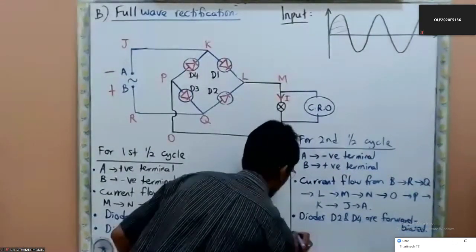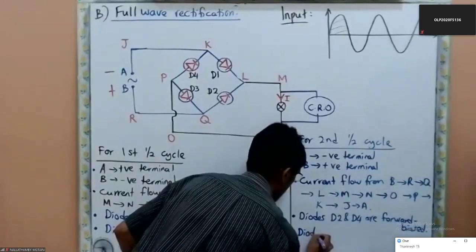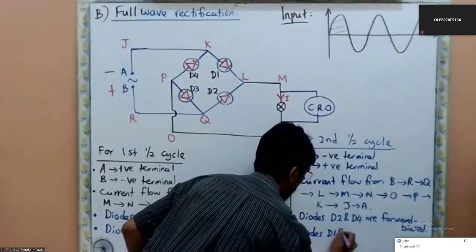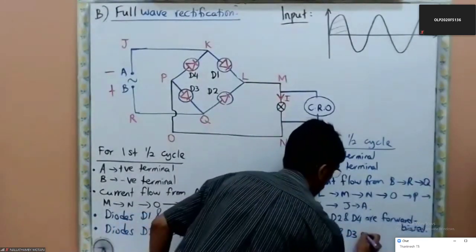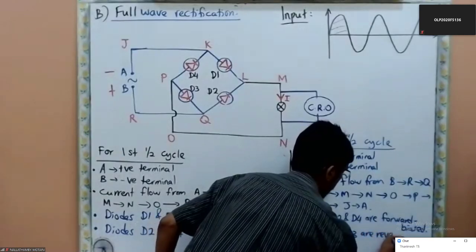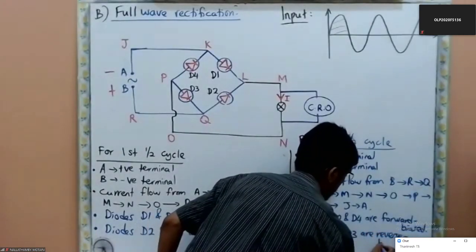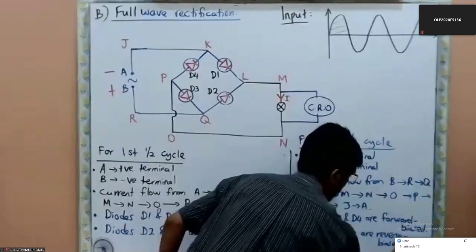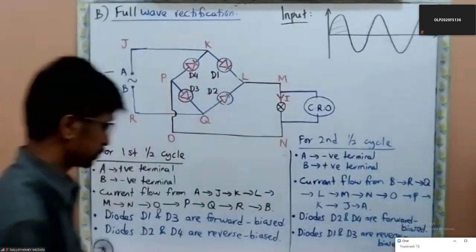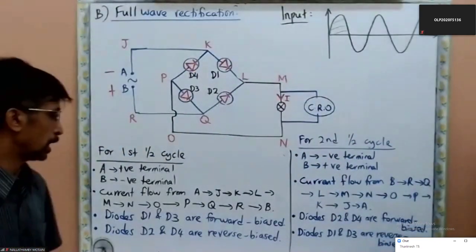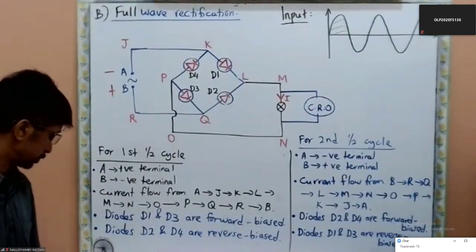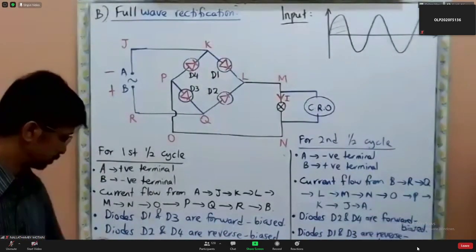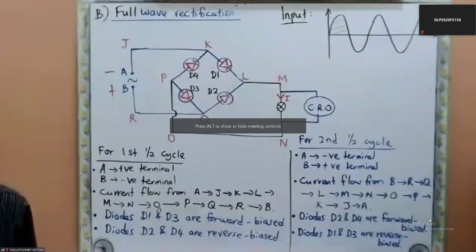And then diodes D1 and D3 are reverse biased. Okay, so you can print screen this.